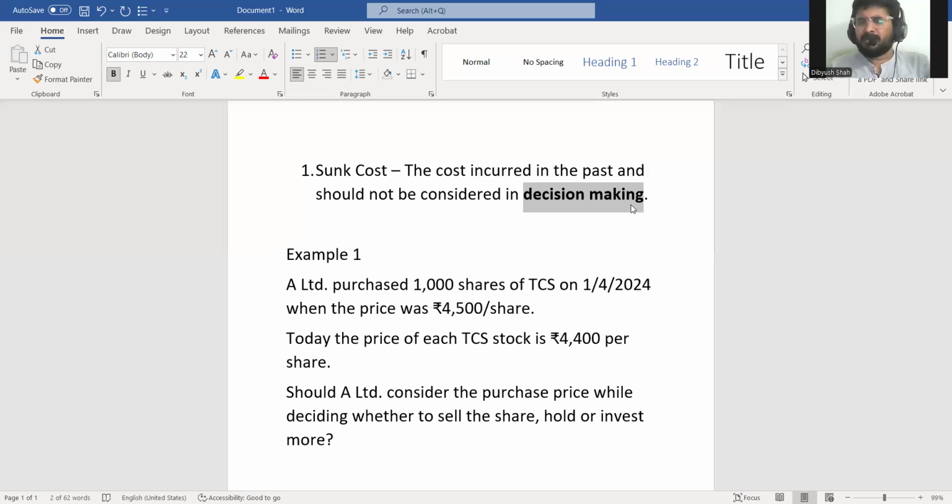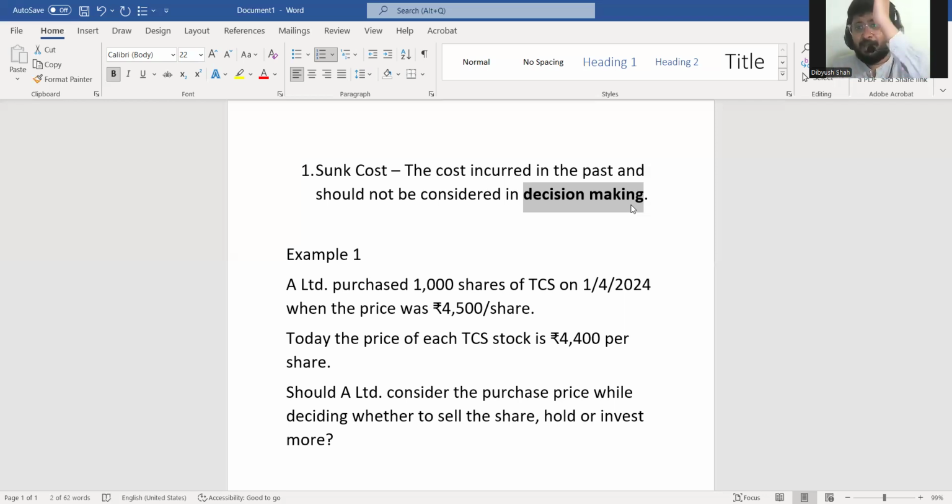Because you have to think about the future. And again remember, they will not write what is sunk cost in the examination. You will have to identify in the question that it's a sunk cost. So the characteristic is important, that the cost has already been incurred in the past, and no matter what you do today, you cannot change the past. So ignore it while making the decision.